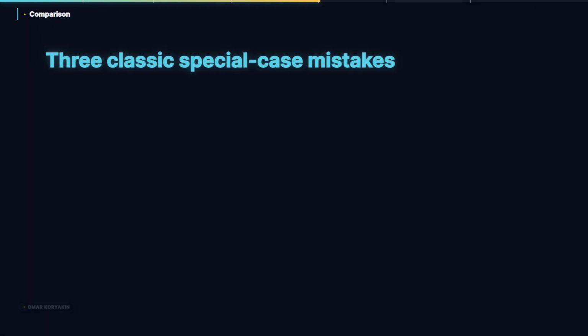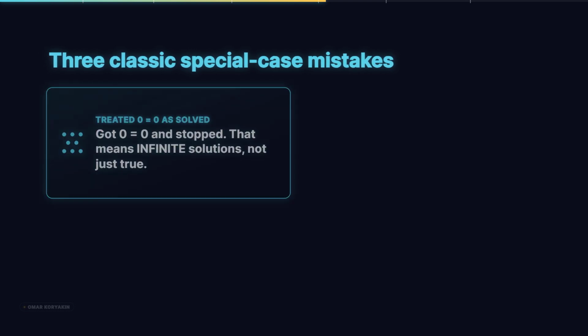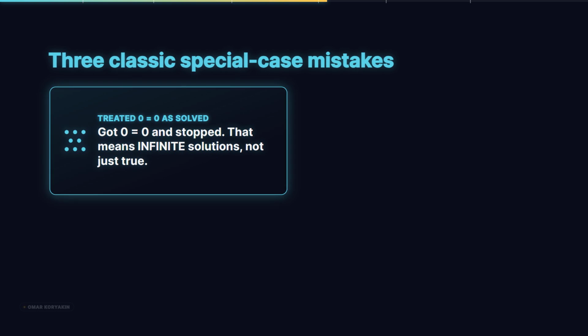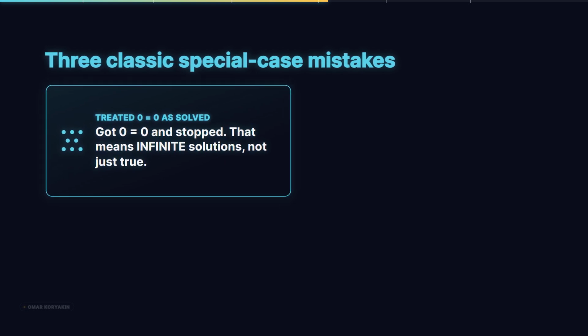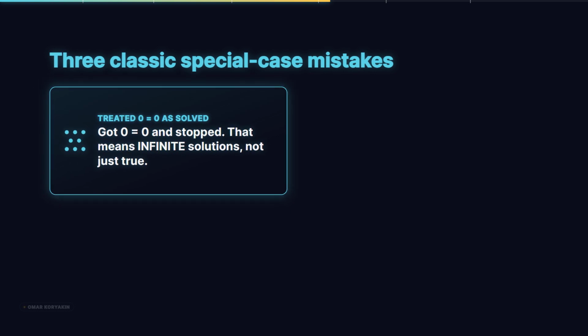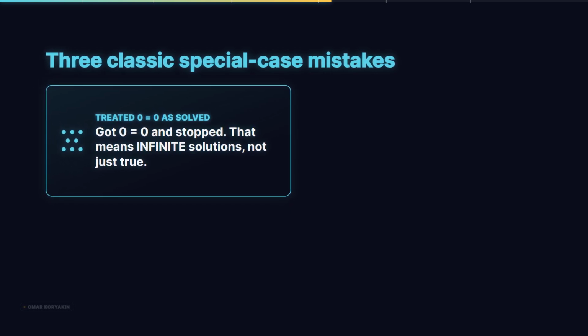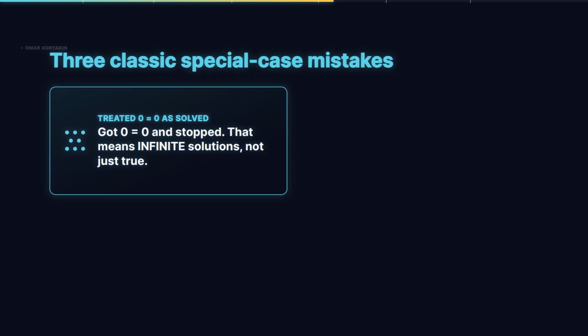3 mistakes that catch every algebra student during their first weeks of special casework. Each one is fixable with a small explicit habit applied on every problem. First mistake: treating an identity like 0 equals 0 as the solution itself rather than as a signal of infinite solutions. A student running elimination ends up with 0 equals 0 and writes that as the answer to the system.